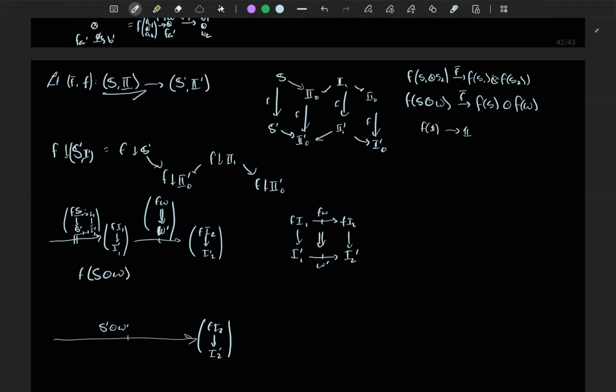I want to put an f on it, but now I need to somehow get from that down to here, right? And what I can do is expand it like this using my colaxity. And then this is just the functoriality of dot down below in I prime, or in this module, the bottom module.